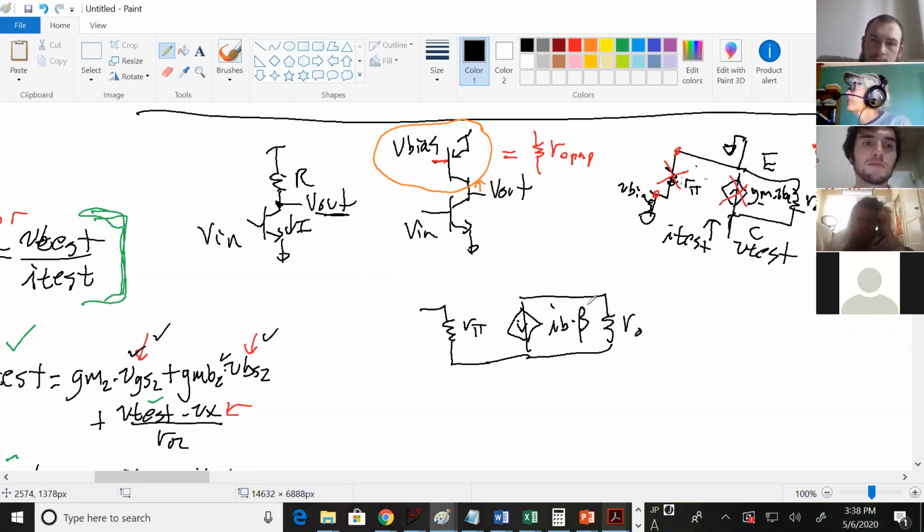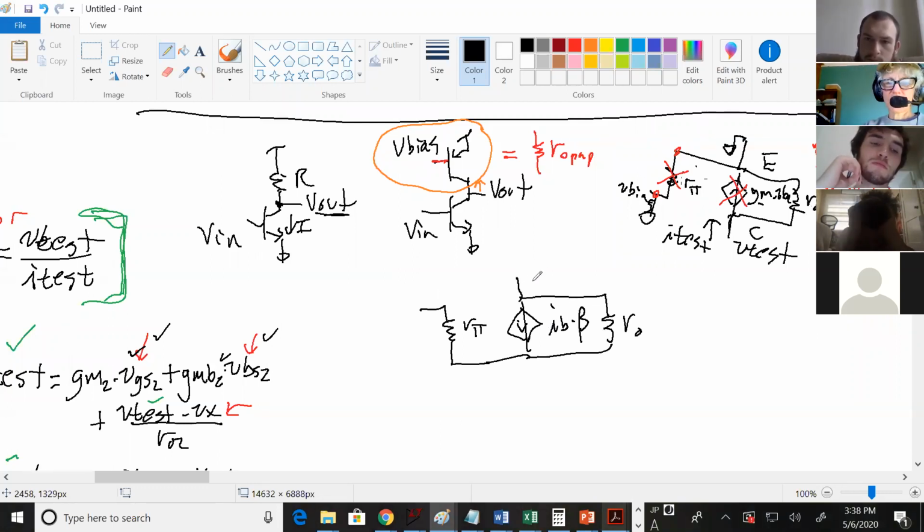I won't be using it, but any place you used the hybrid pi model, you can use this model just as well. This model right here actually tells you something that people have been telling you since 306. It suggests that that's all a lie. I'll give you a hint.